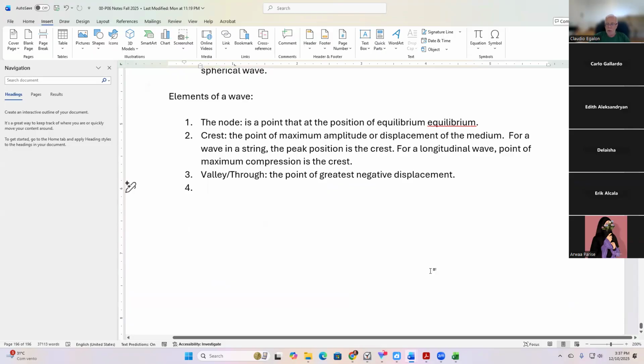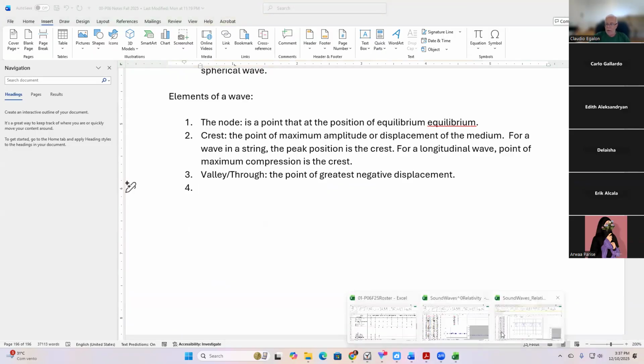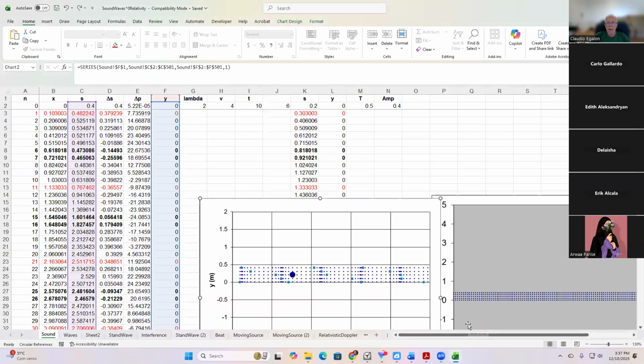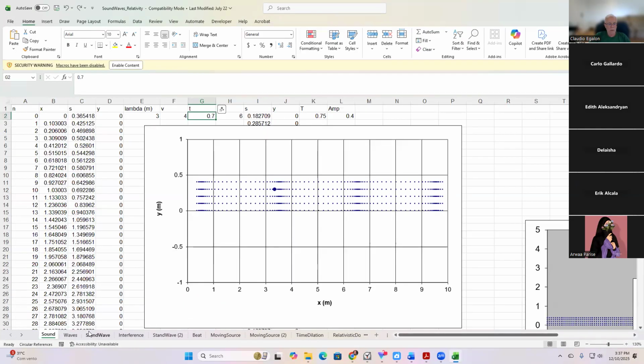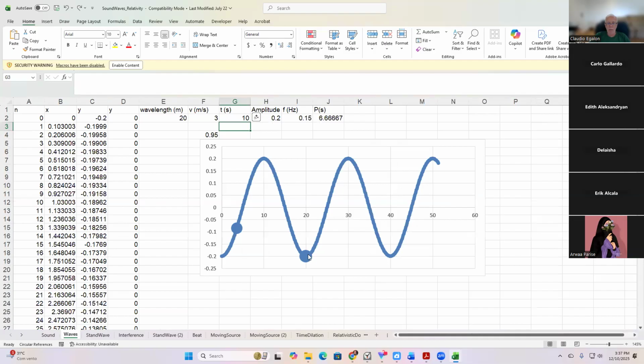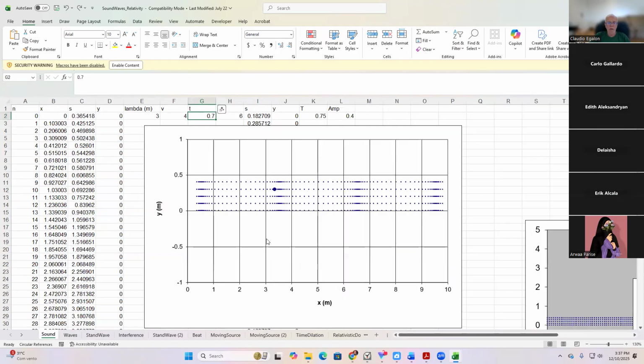Negative amplitude. And let me give you again an illustration, right? For this wave, here's the position of the trough or the valley. Okay? In this case of a compression wave, it is going to be the point of maximum rarefaction.